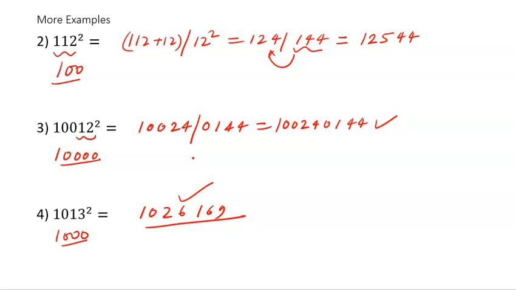There are 3 special types I have discussed. When the number is ending in 5, then I just have to multiply the digits before 5 by 1 more than that, and the last term, the right hand side, will be 25. If the number is below the base, then we subtract the deficit from the number, that is the left hand side, and then we take the square of the deficit, and that we put as the right hand side.